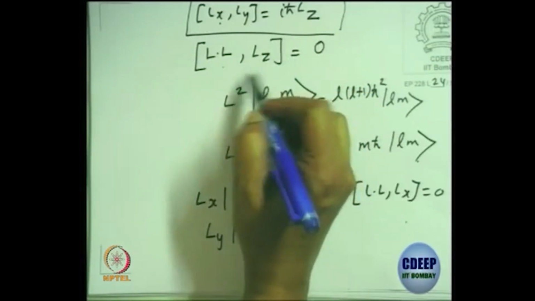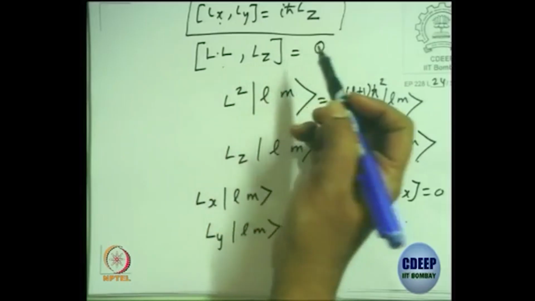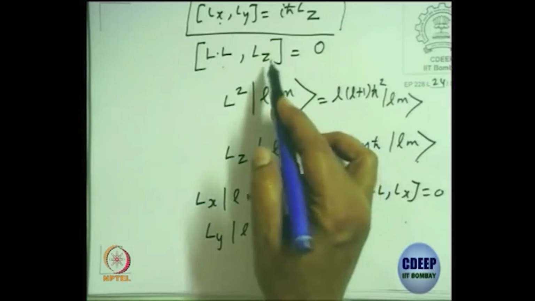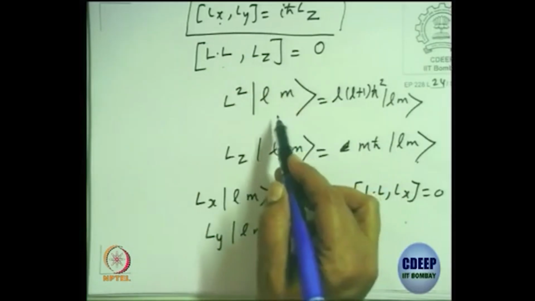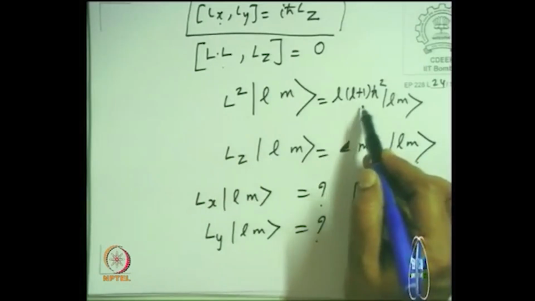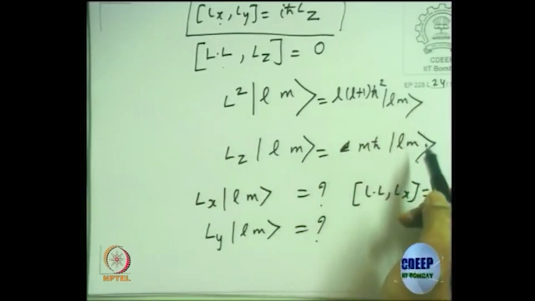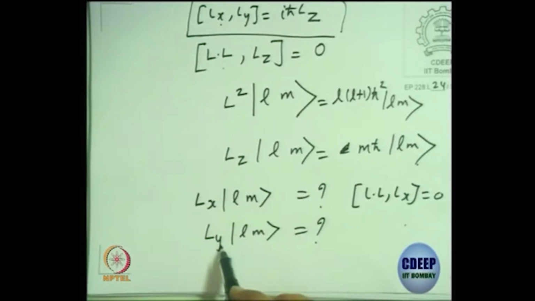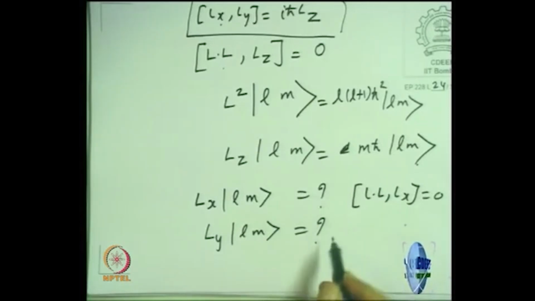For conventions, we are going to take it with respect to Lz, and we write it to be a simultaneous eigenstate of Lz and L dot L, and these are the eigenvalue equations with eigenvalues which we have seen when we discussed the hydrogen atom. And the questions we should ask are how Lx operates on |l, m>, and similarly how Ly operates on |l, m>. Okay, what do we get are the questions which you would like to know.